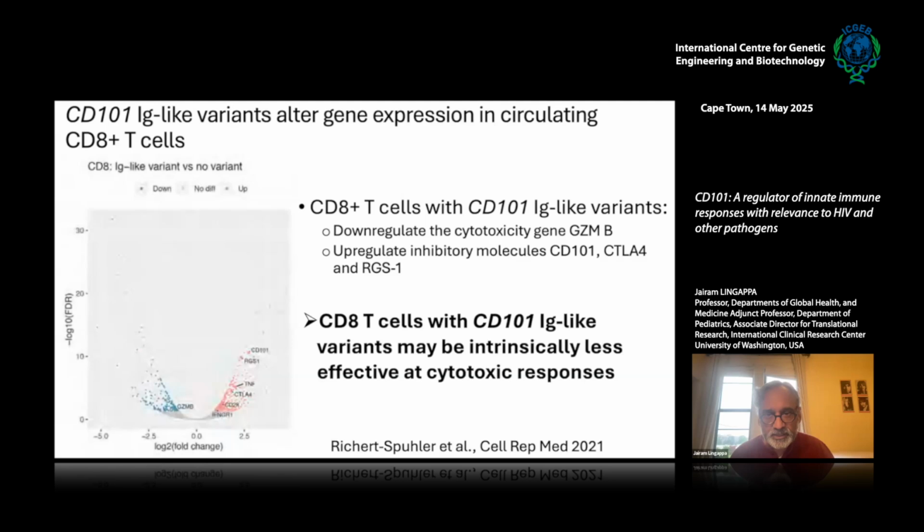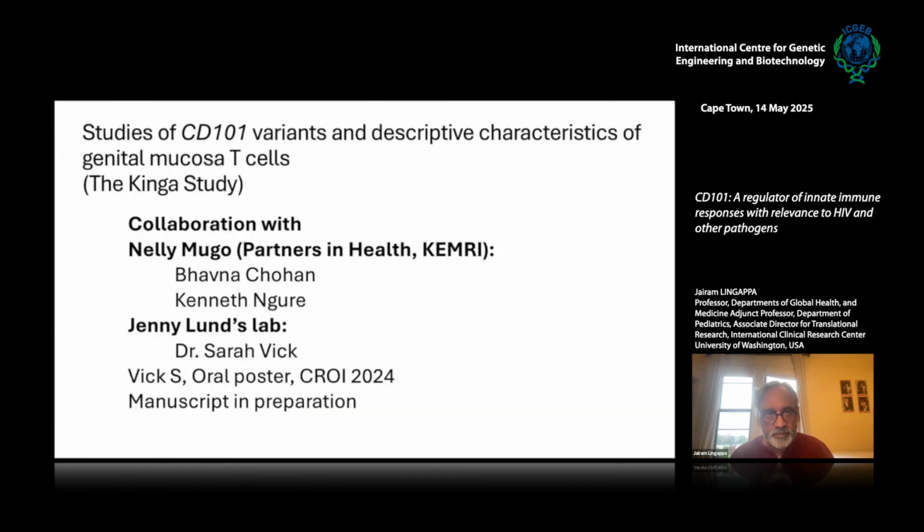CD8 T cells with CD101 Ig-like variants may be intrinsically less effective at cytotoxic responses. But as I described, those are all in peripheral blood mononuclear cells, circulating blood cells.